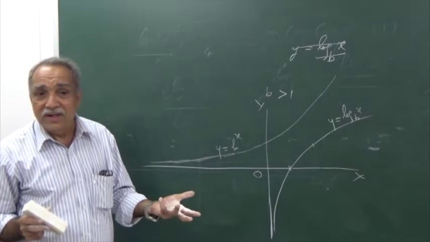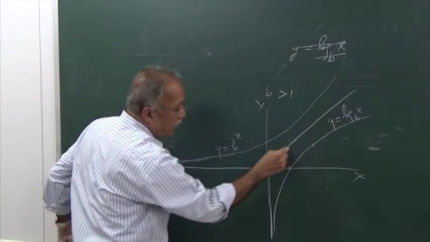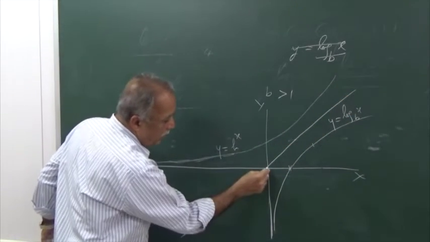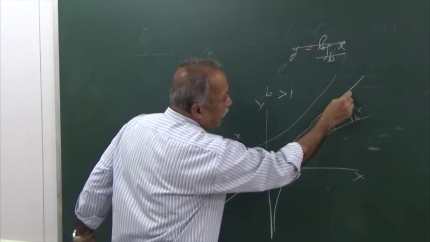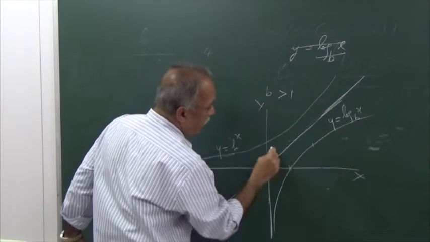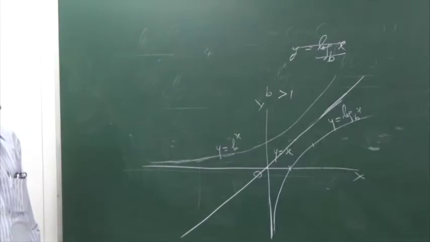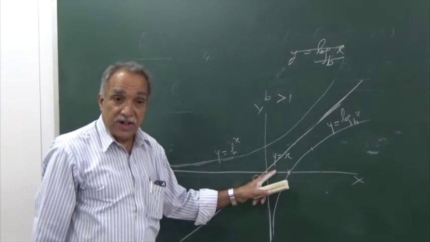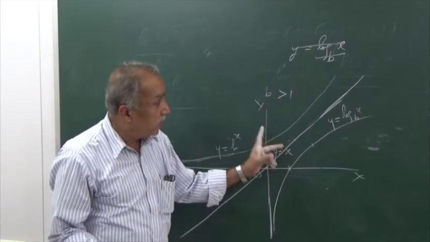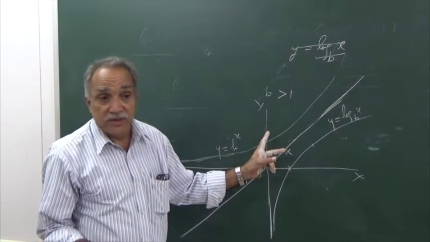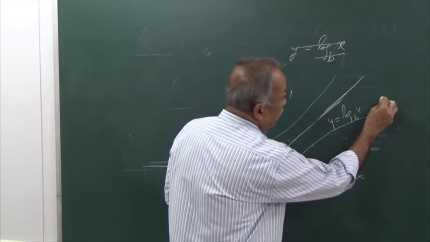Right, there is some symmetry. This is the graph of y equal to x, line making 45 degrees with the x-axis and passing through origin. We find that the two graphs are symmetric with respect to this line. This has not been accurately drawn.